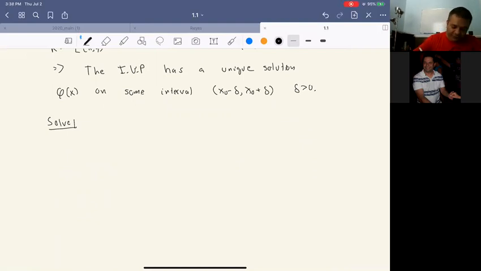So we're going to solve d2y dx squared plus dy dx minus 2y equals 0. So this is linear, second order, and homogeneous.